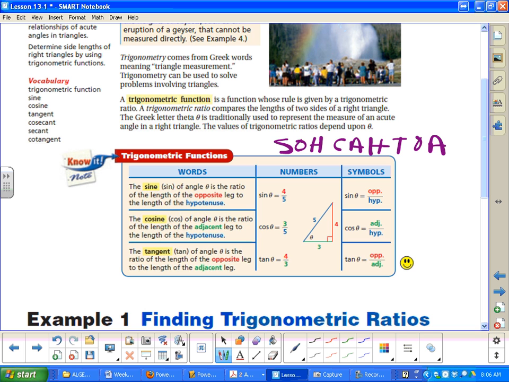Sine is the opposite over the hypotenuse. Cosine is the adjacent over the hypotenuse. And tangent is opposite over adjacent. That's the symbolism that some people use to remember those ratios.